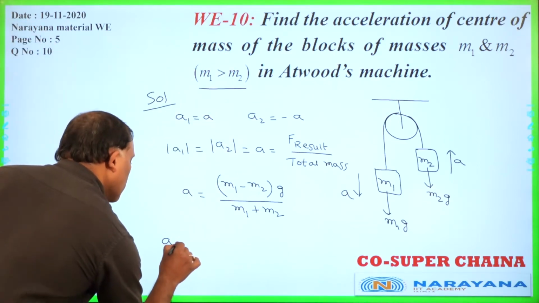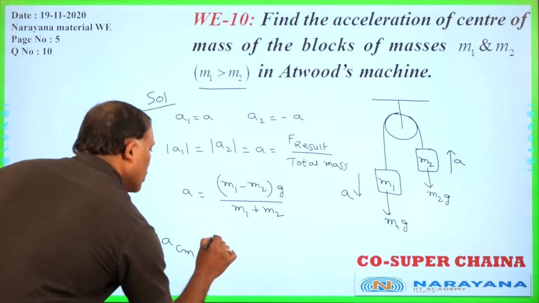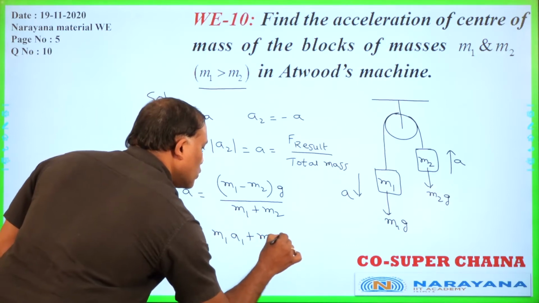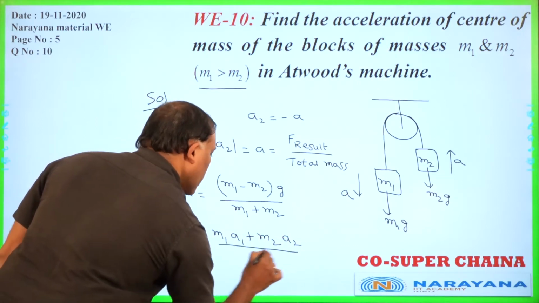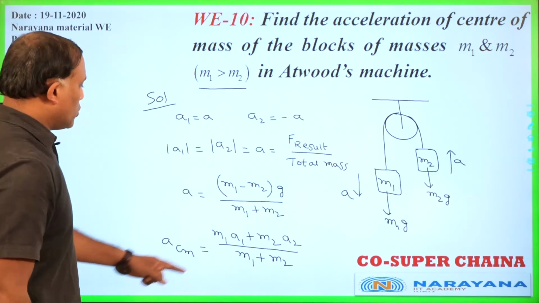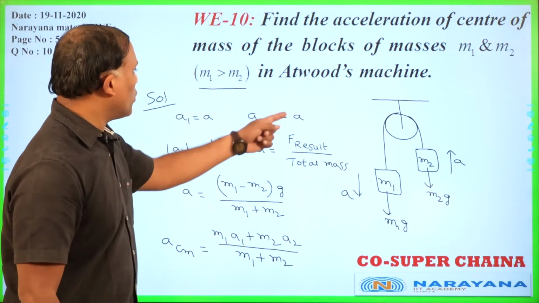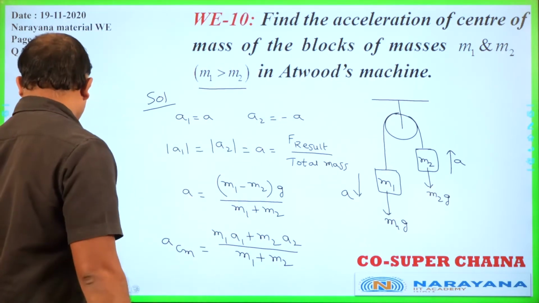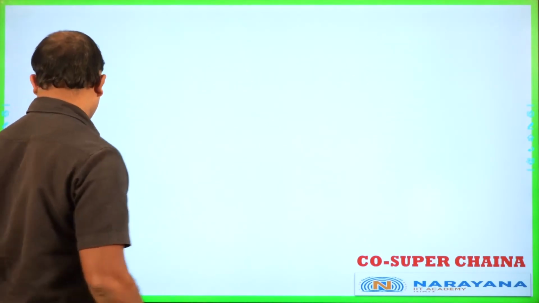Now he is asking what is the acceleration of center of mass of Atwood's machine. So ACM is equal to m1a1 plus m2a2 by m1 plus m2. Now a1 is equal to a and a2 is equal to minus a, and that a value I am substituting here. By substitution you will get the required answer.